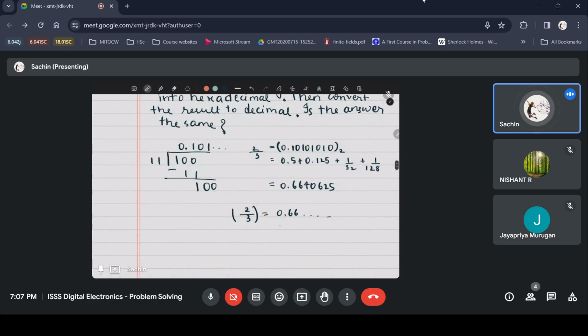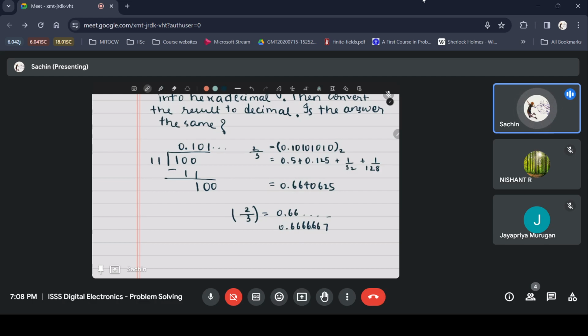In decimal, if you truncate it, you will get something like 0.666. If you truncate it to 7 places, the same result will be 0.66667. If you did that in binary, it will be 0.6640625. So there are a few errors when you truncate it. So you will have to be careful when you're designing some circuit where division has to be done.